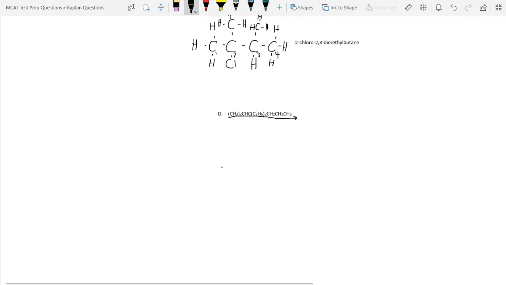I'm going to go from left to right. First I'm going to draw my carbon with 3 hydrogens. I'm going to look at what they're bonded to, a carbon with 1 hydrogen. And I'll add my second carbon with 3 hydrogens. And then I have 1 carbon with no hydrogen, so I'm just going to draw the carbon here.